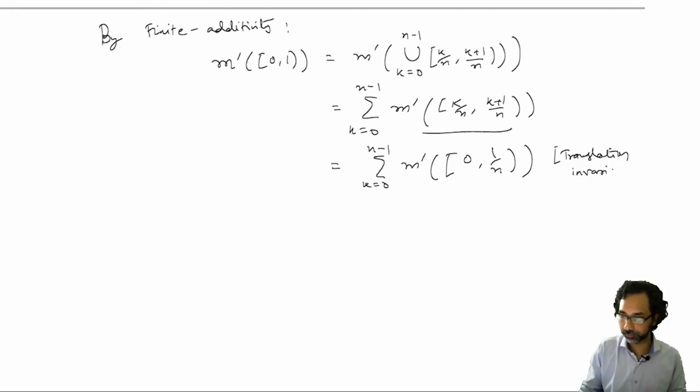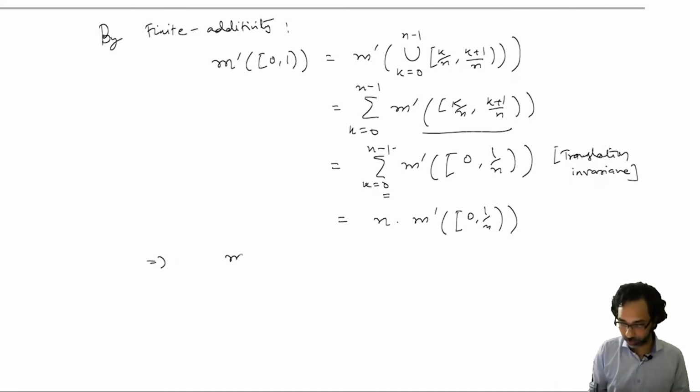And now the sum ranges from 0 to n minus 1, so you have n terms. So therefore this is n times m prime of [0, 1/n).